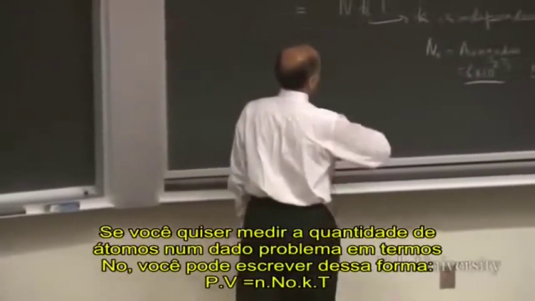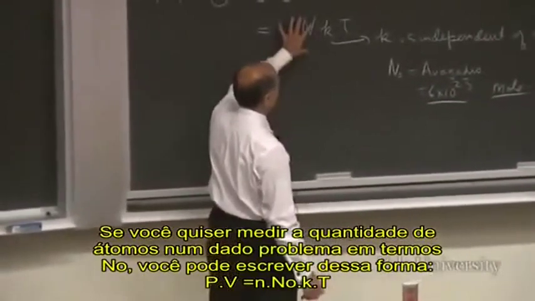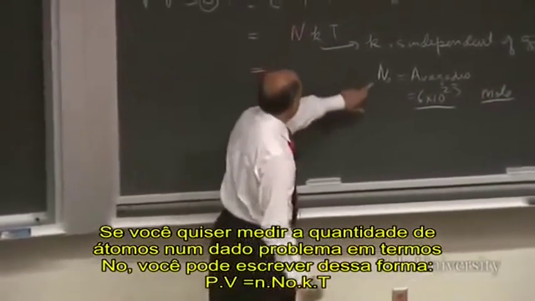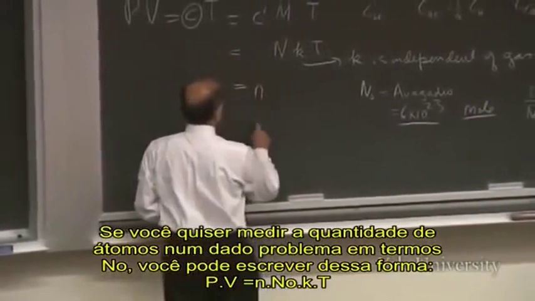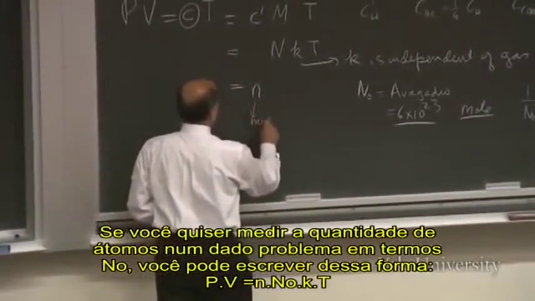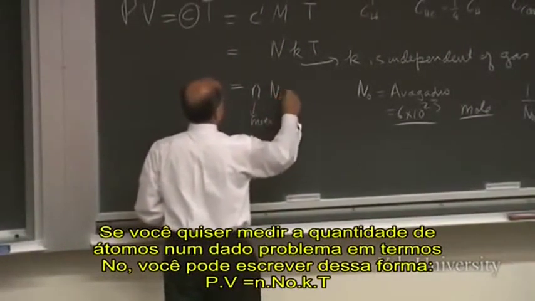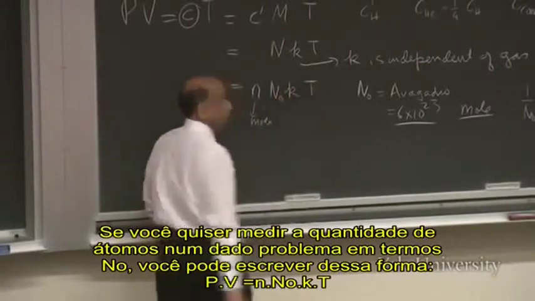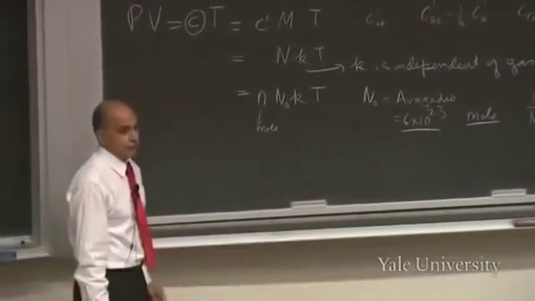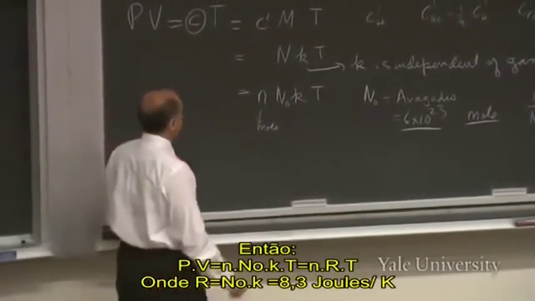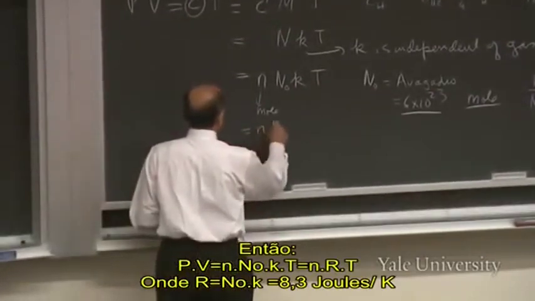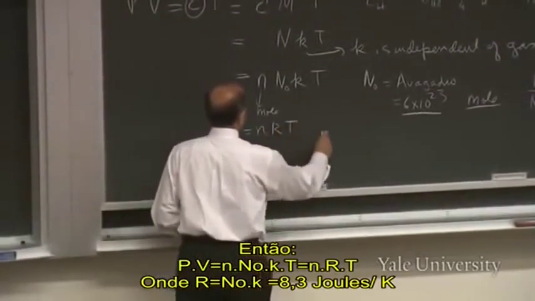So if you decide to measure the number of atoms you have in a given problem in terms of this number, you write it as some other small number called moles times the number in a mole, and you are free to write it this way. If you write it this way, then you write it as nRT.